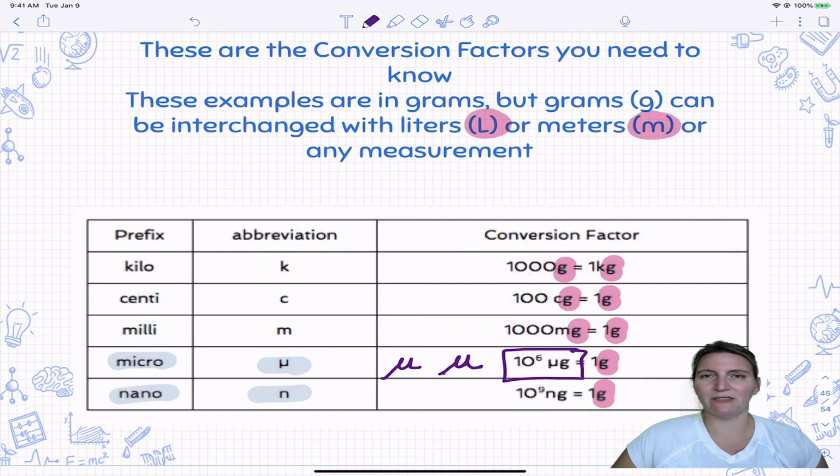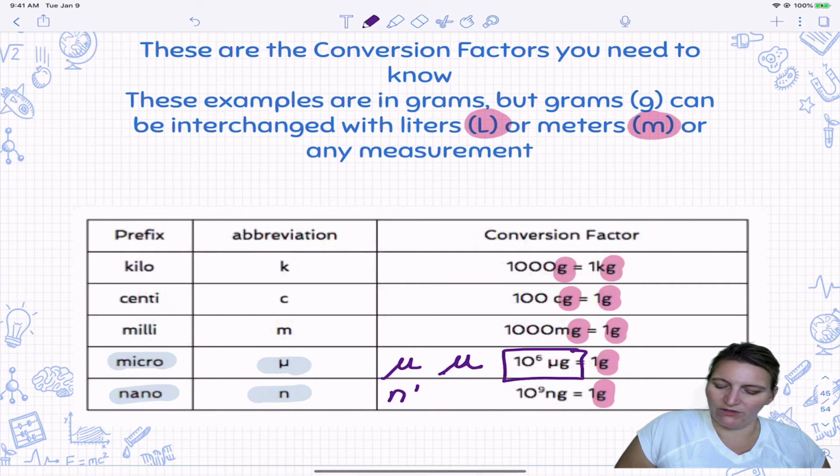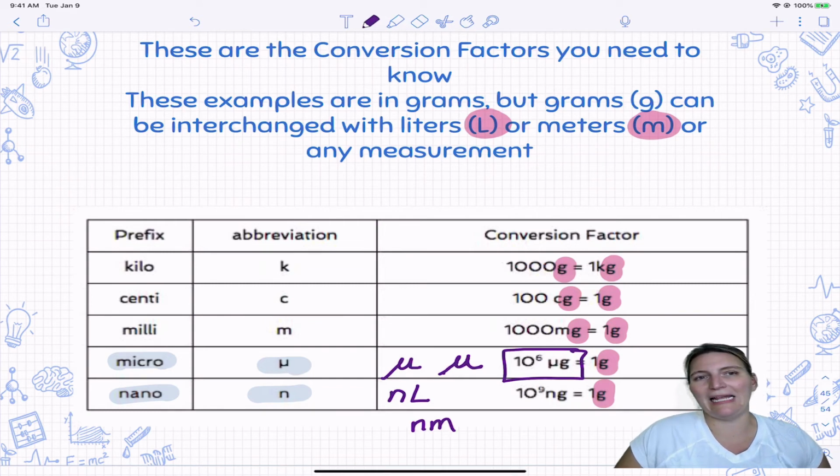So micro is 10 to the 6th, and the last one, nano, is a lowercase n. So a nanoliter would look like a lowercase n and a capital L, or a nanometer is a lowercase n and a lowercase m, and that is a billion, so 10 to the 9th. And it's always 10 to the 9th of the small unit equals a smaller number, but larger unit, 1 gram.